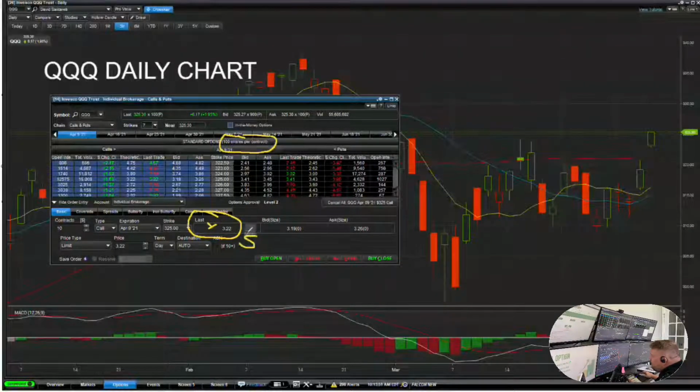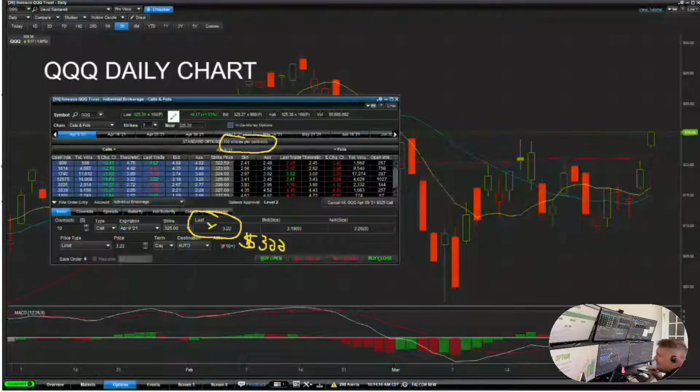So it'll cost $322 to control one contract of the Q April 9th 325 strike call. That's not bad. You're controlling 100 shares of this ETF for only $322. Whereas if you bought 100 shares of Qs right now, it's going to cost you $32,530. So your money is much more leveraged trading options.